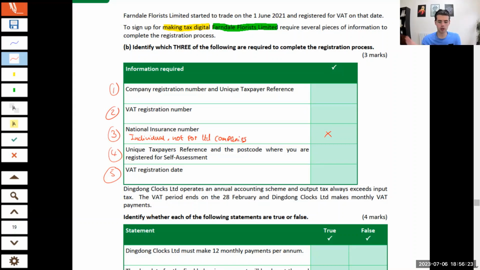So straight away, we can knock that one off. So there must be 1 out of the remaining 4 that is also not correct. And Donna has done a great job of finding the other one. It says unique taxpayer's reference and the postcode where you are registered for self-assessments. Now again, limited companies do not undergo self-assessment like that. This is relating to things like partnerships, isn't it?